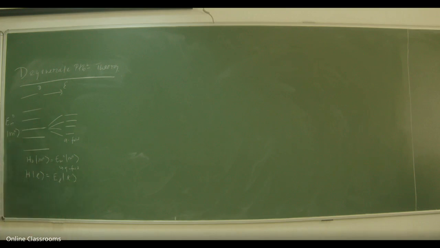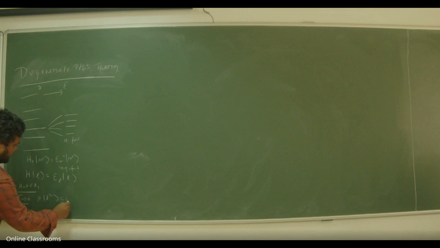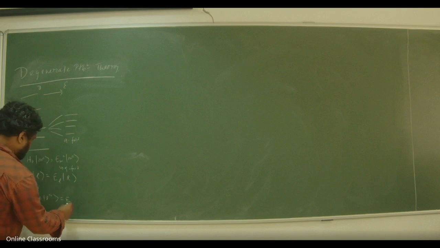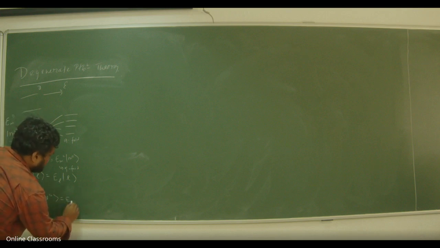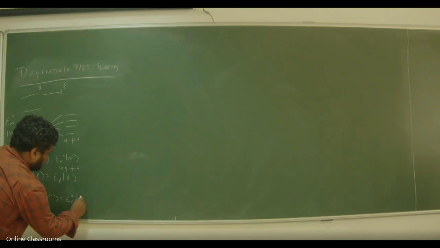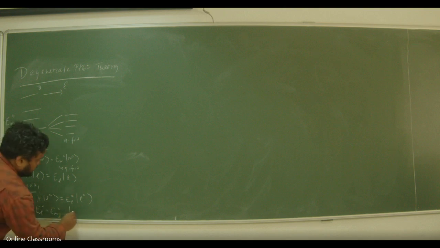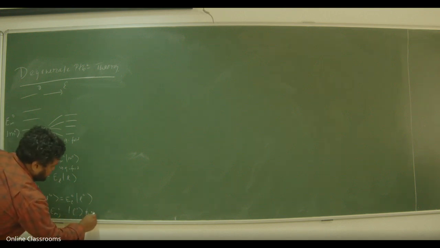I stated last time that this is the full problem where H is H0 plus epsilon H1, such that when epsilon tends to 0, I fall back on some problem H0 |L0> = E_L^0 |L0>. Generally it is always true that E_L^0 is E_M^0, but L0 is not necessarily M0.